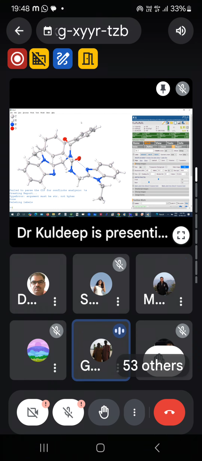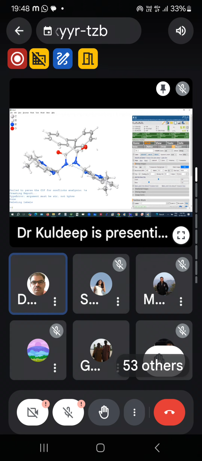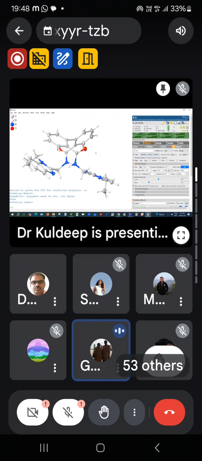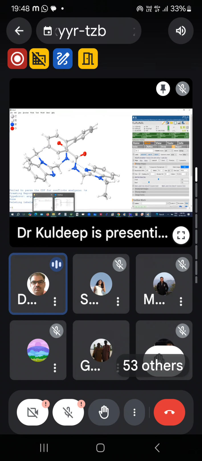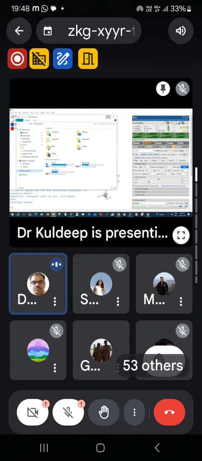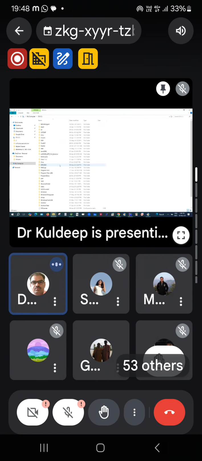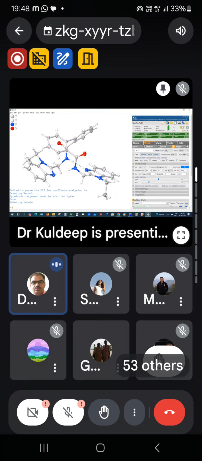And how do you incorporate SHELX in Olex? Okay. I have put my SHELX files here. I named a folder SAXI, put all the files here, and then I give a path.